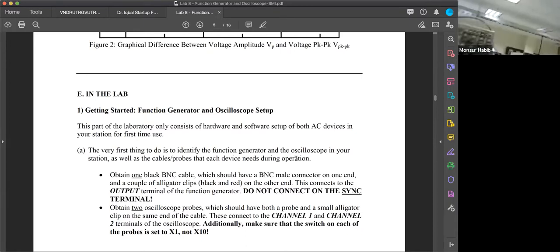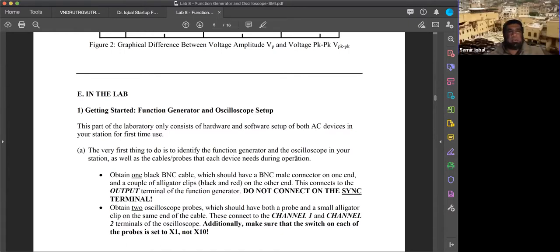Okay, so Mansoor, even if you cannot show the actual operation, that's fine. But just show it up close so they see what the buttons are and what the different settings are, and where we plug in the cable and all those things.